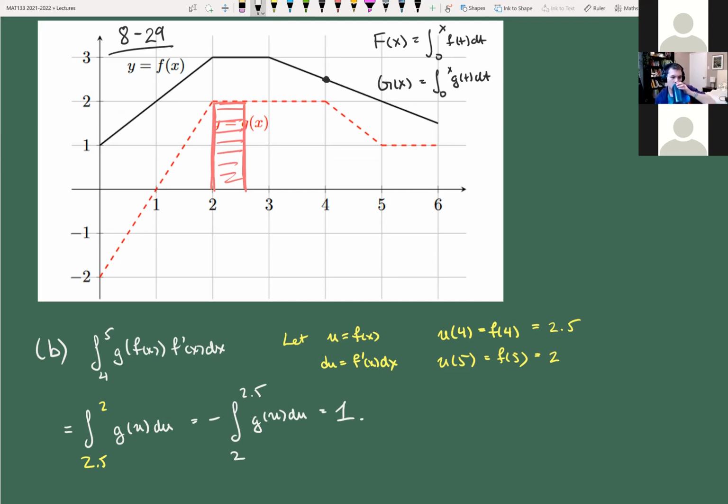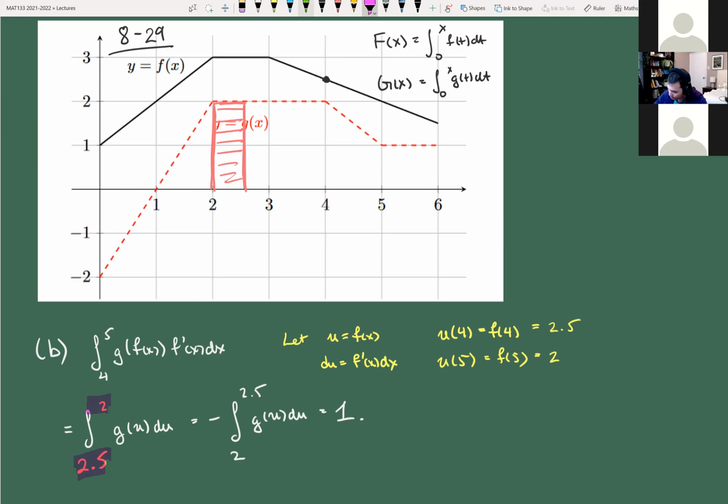Does that make sense, everyone? Why is it negative? Okay, look at the bounds. I've got 2.5 on the bottom, and I don't want the bigger number on the bottom. Usually when you're trying to compute an integral, you want the bigger number to be on top.